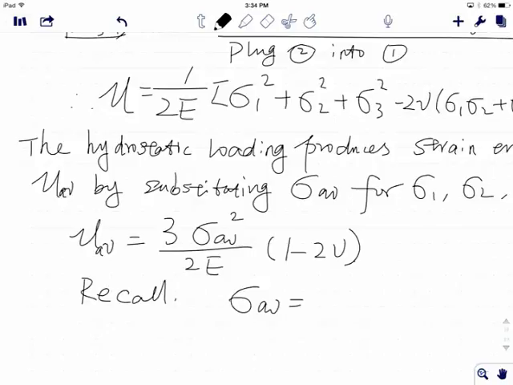So we know the average stress is nothing but equal to (sigma 1 + sigma 2 + sigma 3) divided by 3, right?